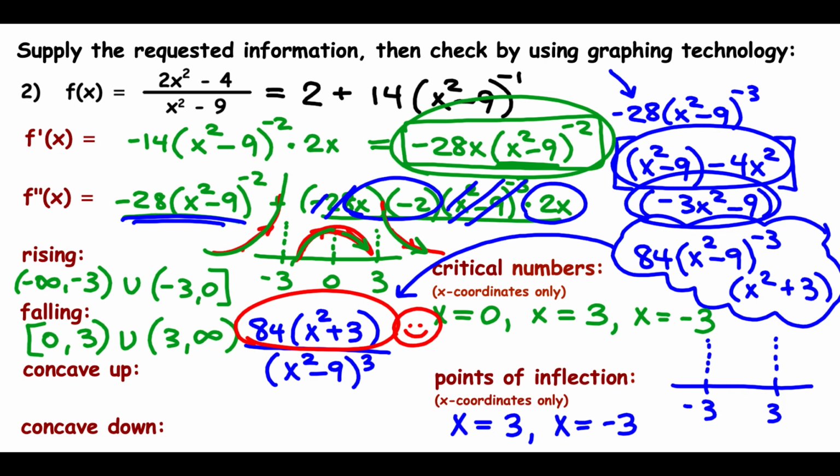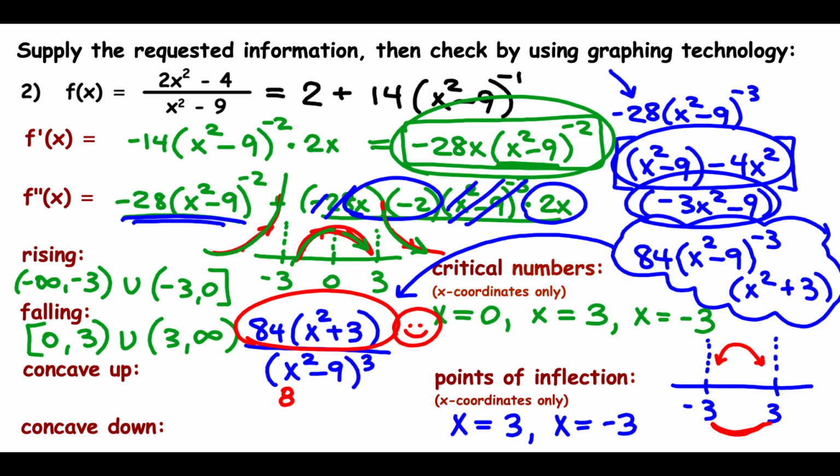If I try something in the middle, between 3 and negative 3, let's say I try a 0. I think you can see 0 minus 9, you're going to get negative 9 cubed. Negative times negative is, of course, negative, so concave down. If you try something larger than 3, say like you try an 8, 8 squared, that's 64 minus 9.